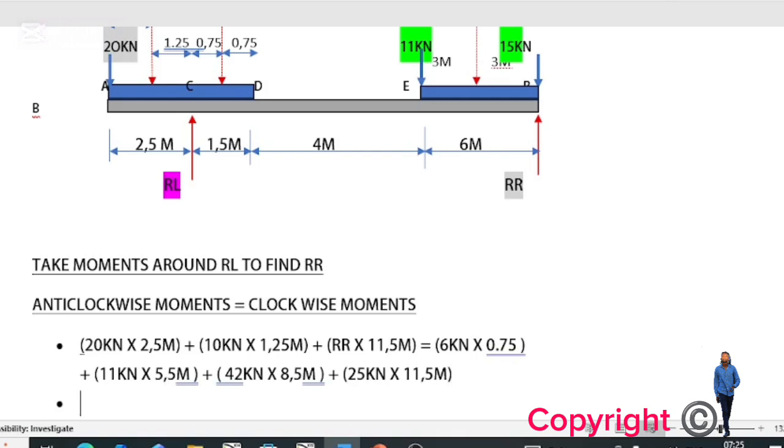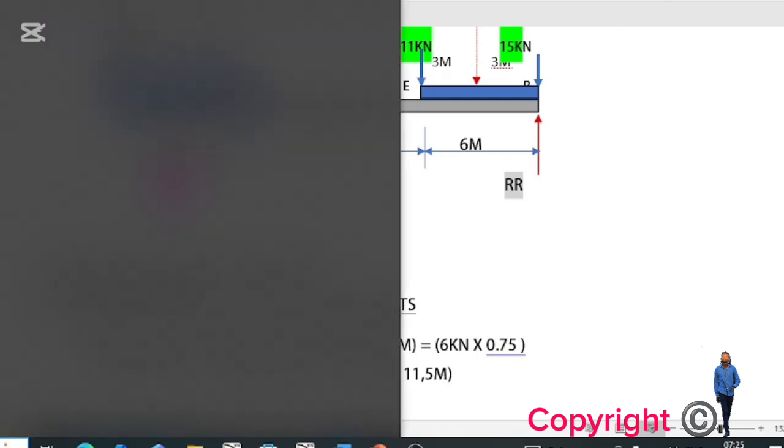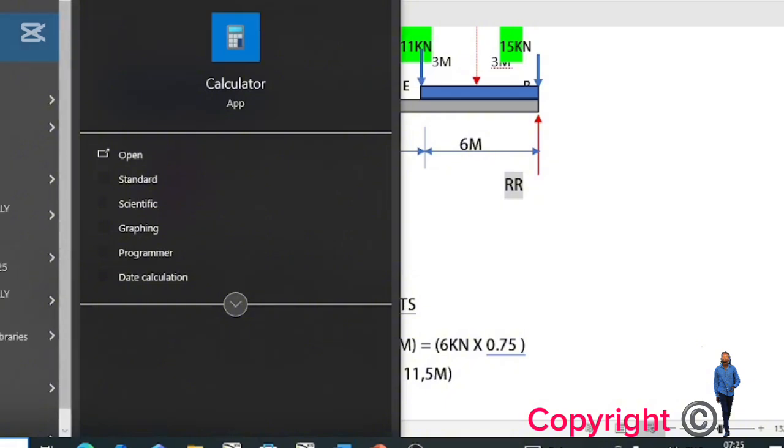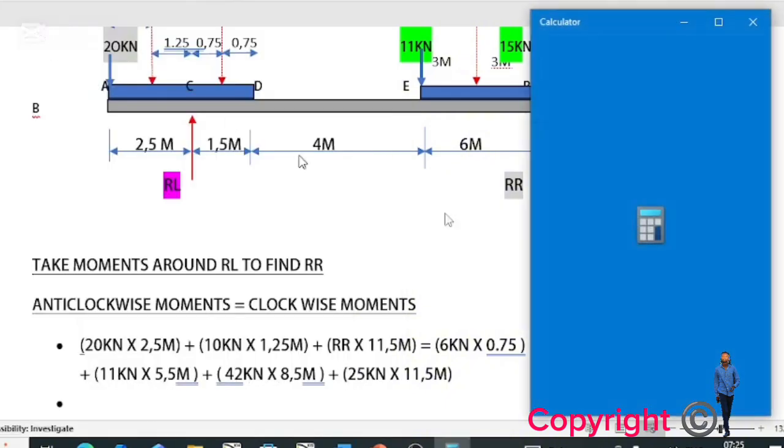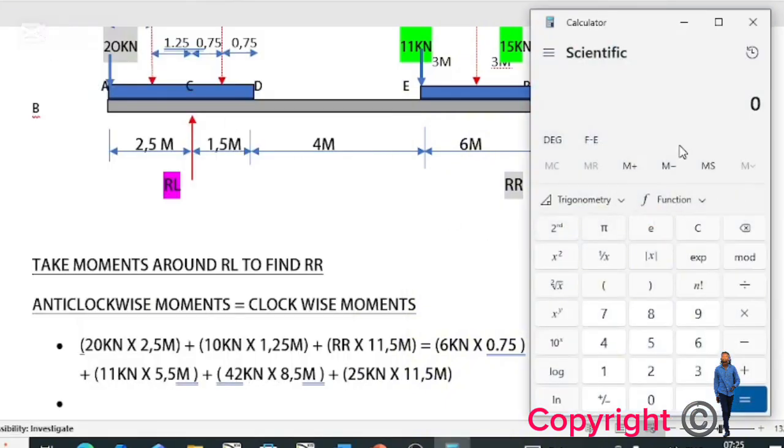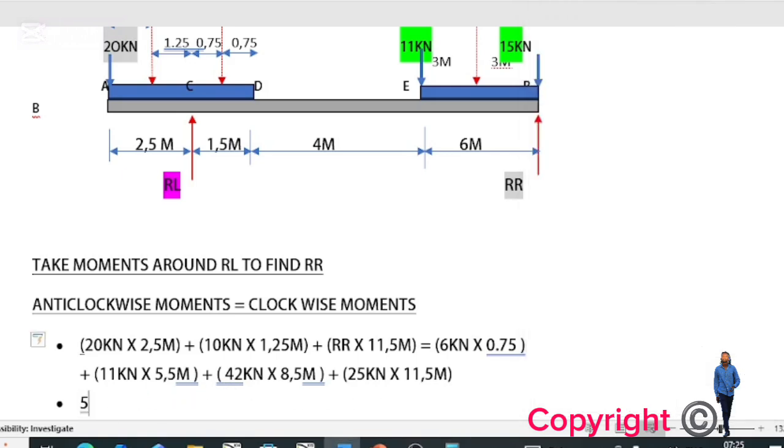So then let's get the calculator. This is my calculator. I will say 20 multiplied by 2,5 equals 50. Here I will write 50 kilonewton meter.